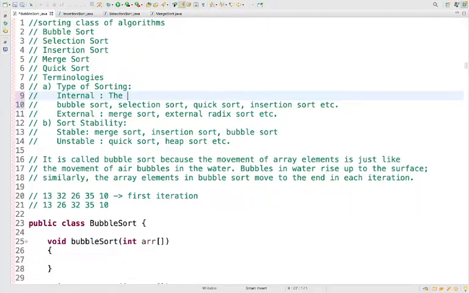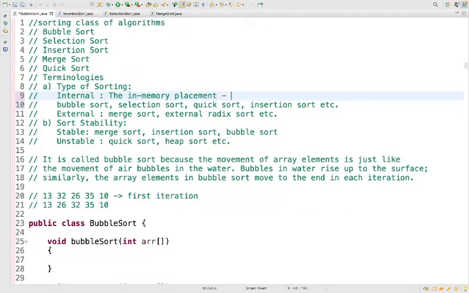When we say internal sort, that means it is in memory, and the placement happens within the array. So if we have an array of 10 elements, they will be swapping within the array to get sorted. Most of the basic sorting algorithms involve in-memory placements.